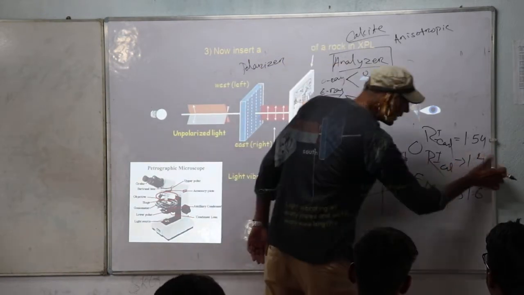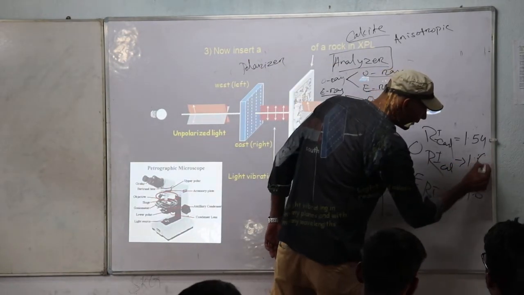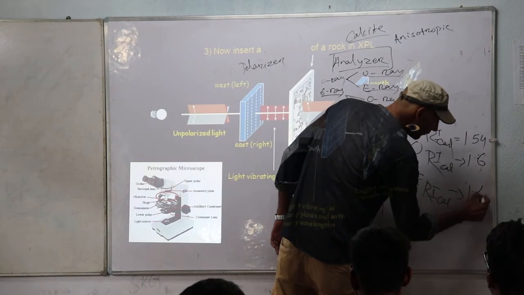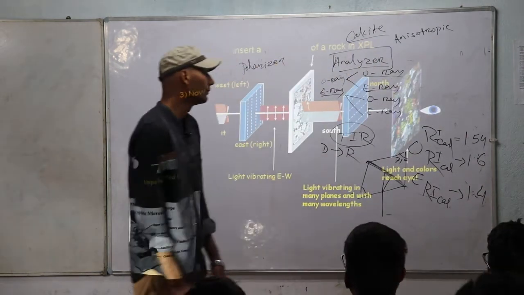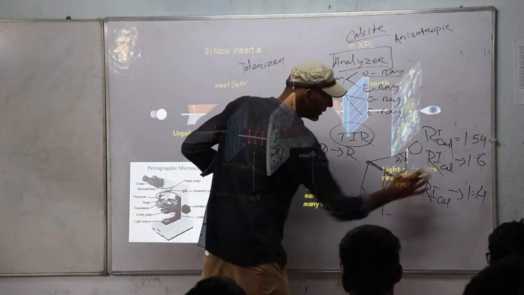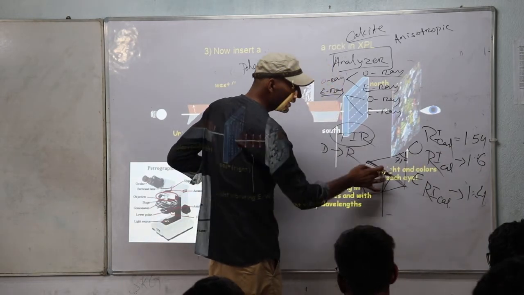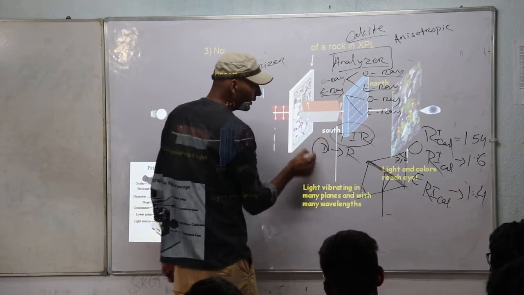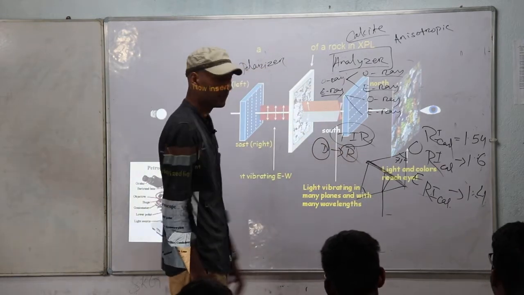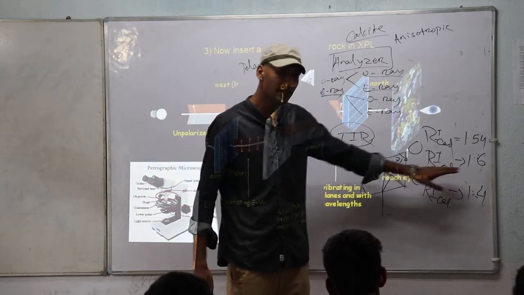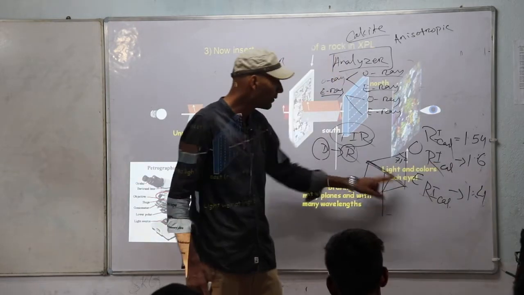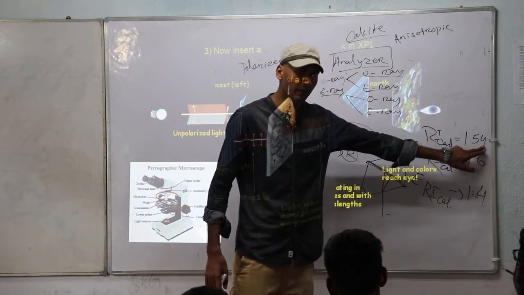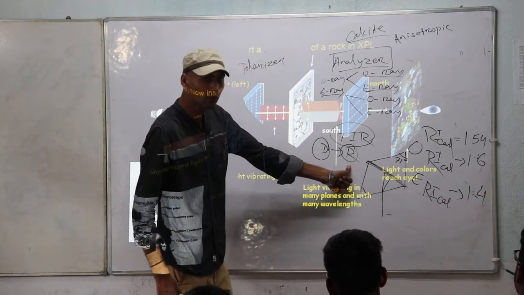So ordinary should have 1.6 and extraordinary should have 1.4. Okay. So Canada balsam is having 1.5. When the ordinary ray enters from calcite to Canada balsam, it passes from a denser medium to a rarer medium, because in calcite its refractive index is 1.6 and in Canada balsam its refractive index is 1.5. So it is passing from denser to rarer medium.